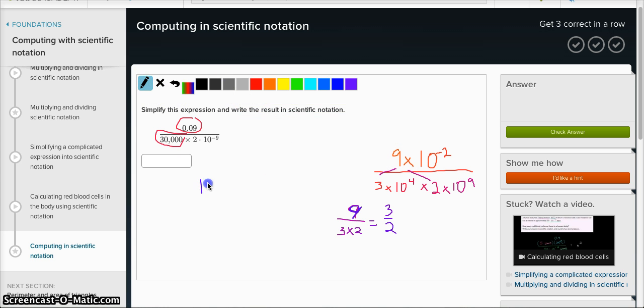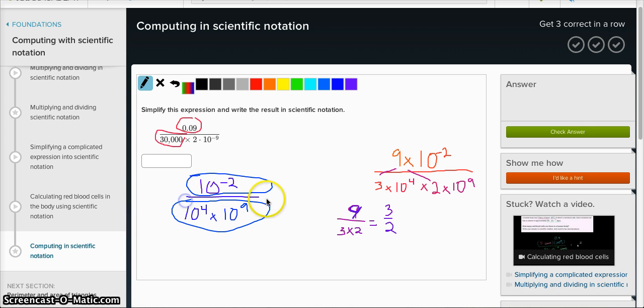Now I've got to figure out what all these 10s are going to become. So I've got 10 to the negative 2 over 10 to the 4th times 10 to the 9. Basically what you can do is add everything that's on the same line. I'm going to add all the exponents on top and add all the ones on bottom.